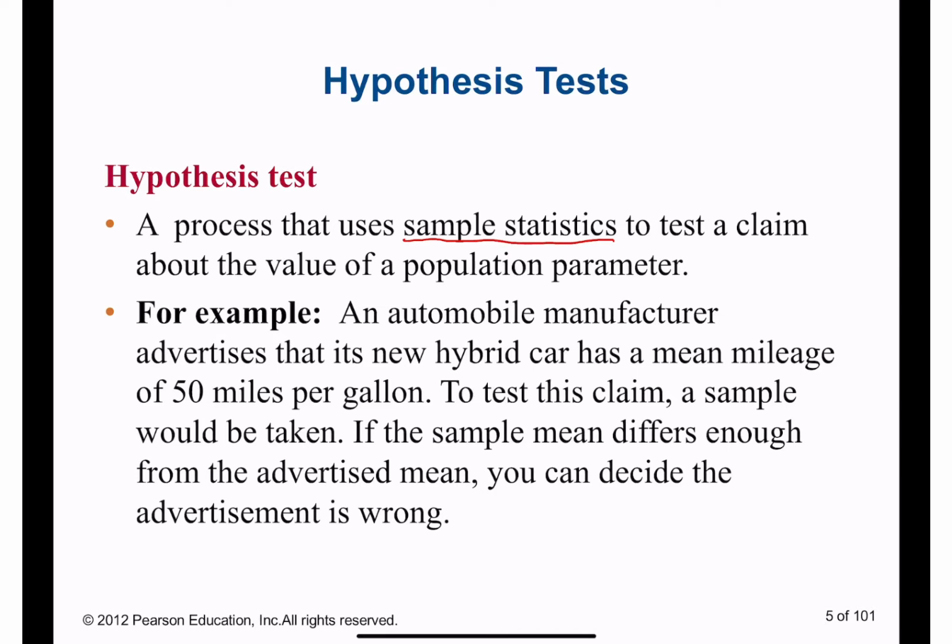To test this claim, a sample would be taken. If the sample mean differs from their claim, let's say they claim 50 miles per gallon and it turns out to be 40 miles per gallon, then you decide the advertisement is wrong and you reject the claim.